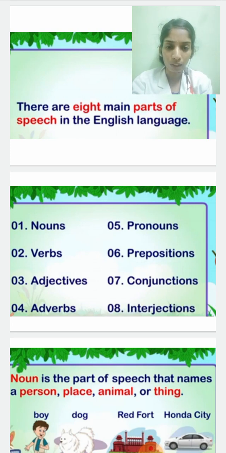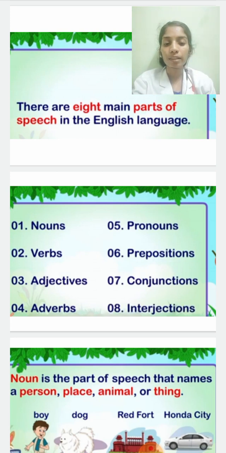In this session, you are going to be interested in learning new words. In a dictionary also, you can see that a new word is attached with a mark such as noun or pronoun.